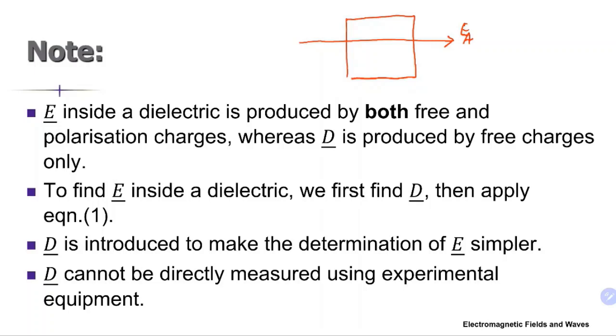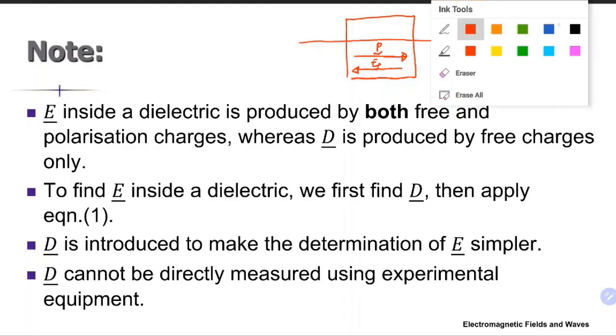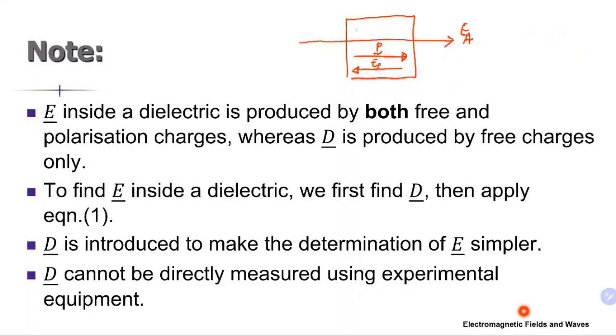This applied electric field will cause the dielectric material to polarize, and when they polarize, it creates a polarization P, and because of that, it creates a depolarization field, and then that gives us the actual electric field inside our dielectric material.